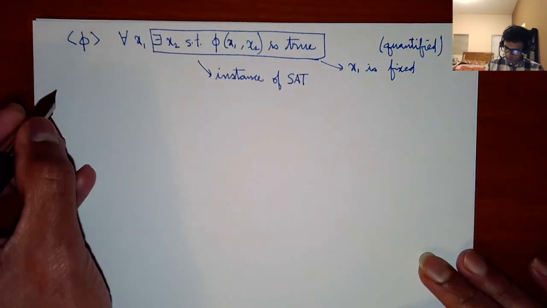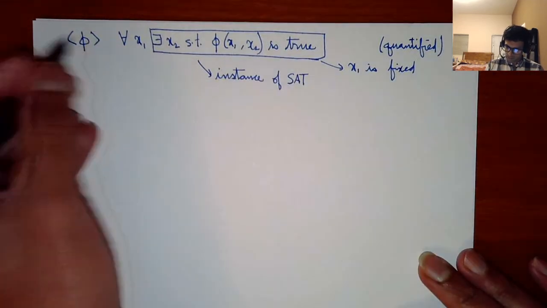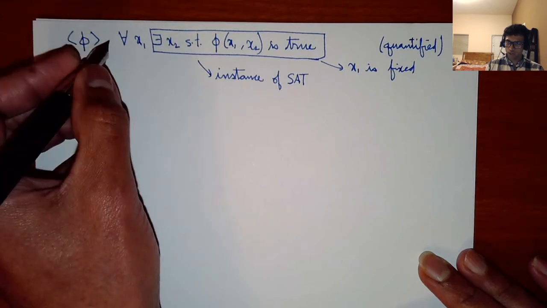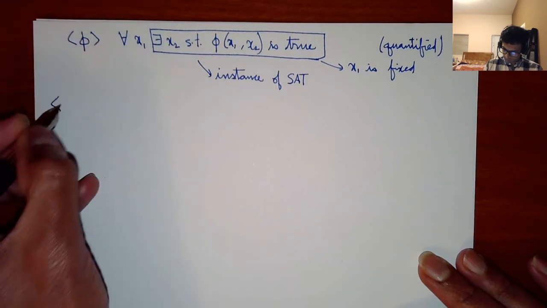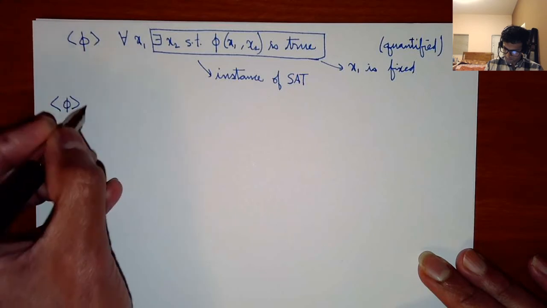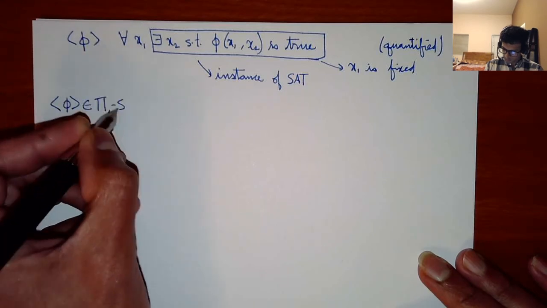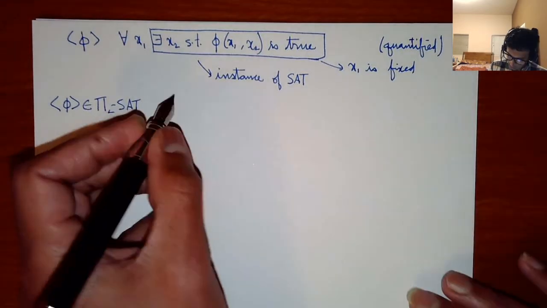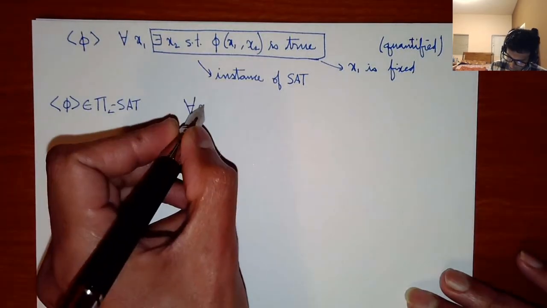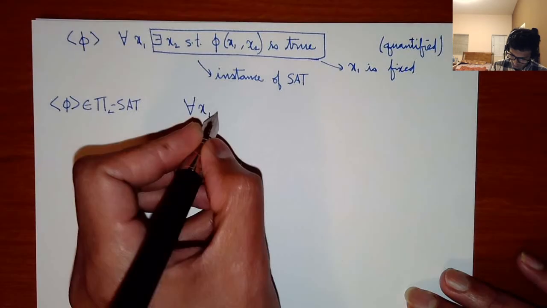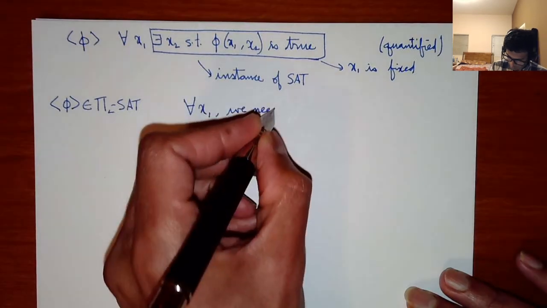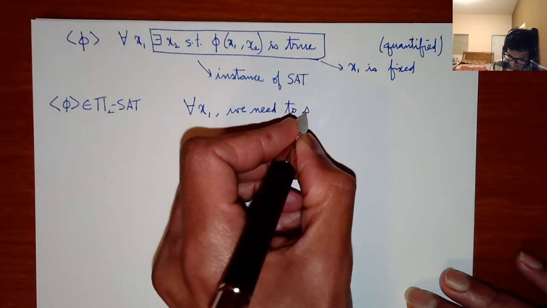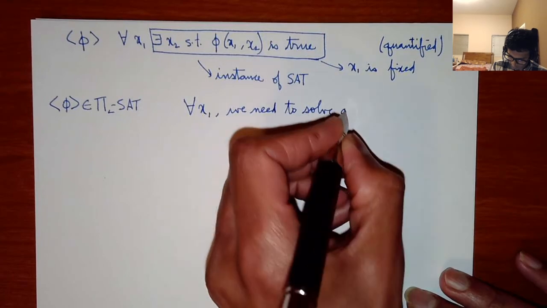So in other words, we're saying phi is in pi 2 SAT. We're looking at some phi in pi 2 SAT. And what this means is that for all x1, we need to solve an instance of SAT.